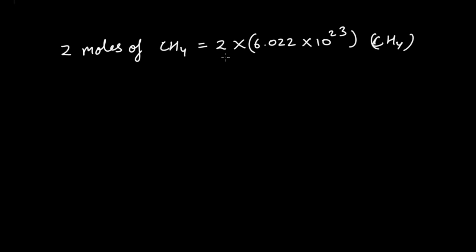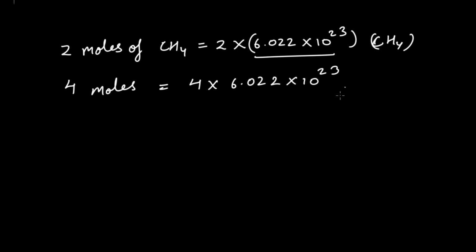Okay? If somebody asks 2 moles of CH4, then you have to multiply this particular value with 2, right? If somebody asks you 4 moles of anything, atoms, ions, molecules, then you will write 4 into 6.022 into 10 to the power 23. Like that you have to multiply.